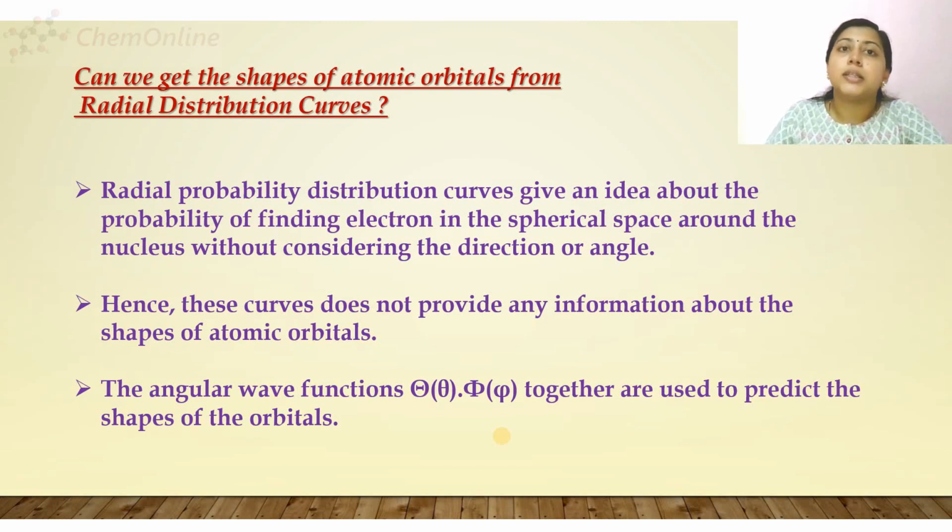That means these curves will not provide any information about the shapes of atomic orbitals. So to get the shapes of atomic orbitals, we have to use the angular wave functions theta and phi together. And these are used to predict the shapes of the atomic orbitals.